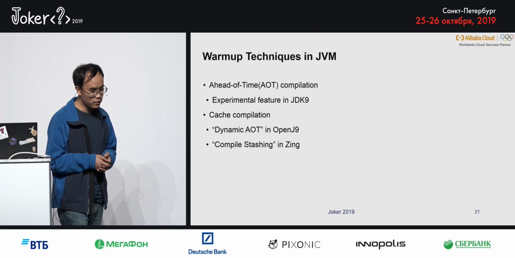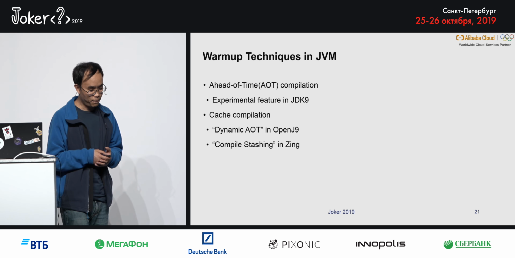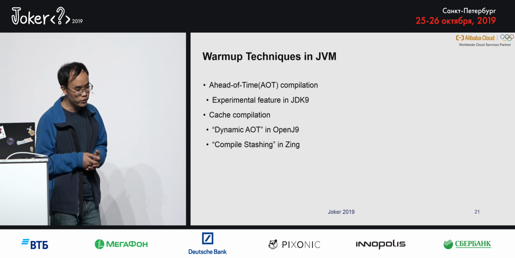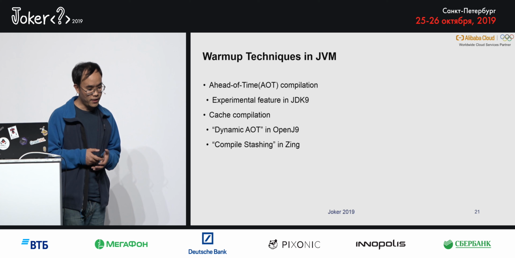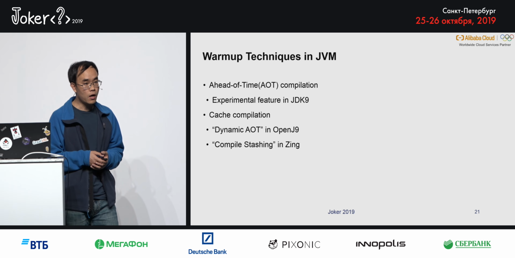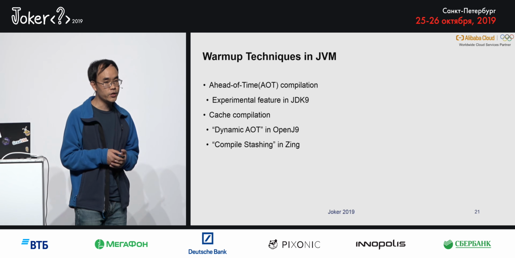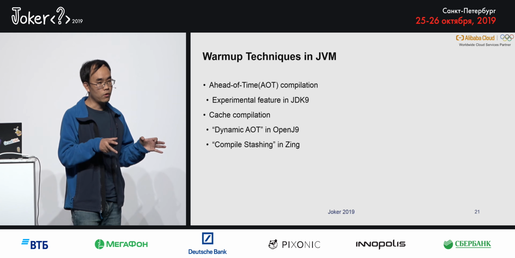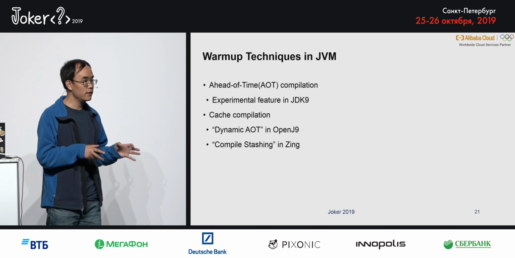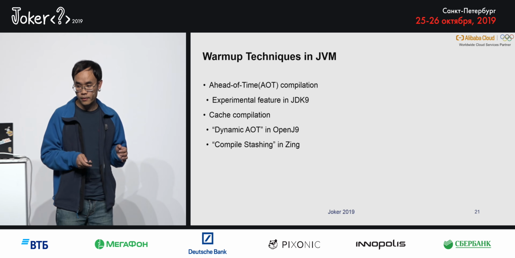The second category is cache compilation. OpenJ9 implements a feature called dynamic AOT, and another JVM implements a feature called compile stashing. Both are very similar. The key idea is to save compilation results from a previous run so they can be reused in the next run.